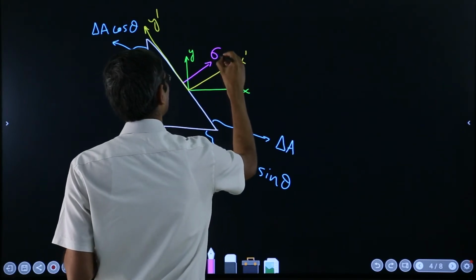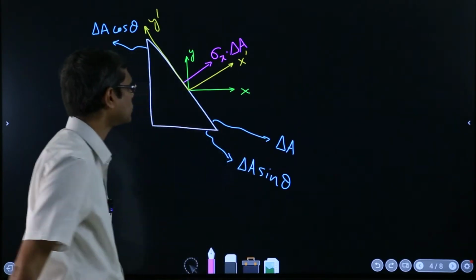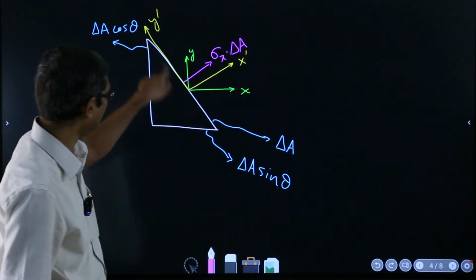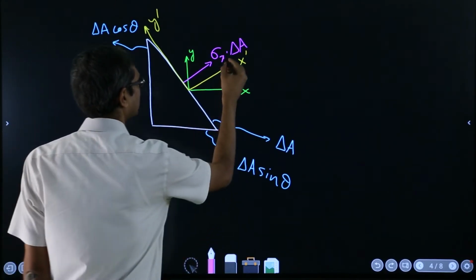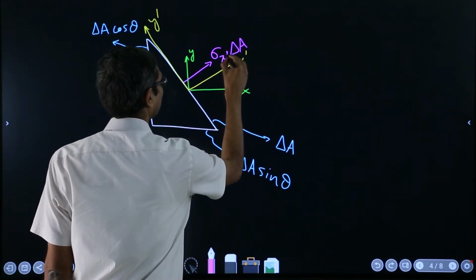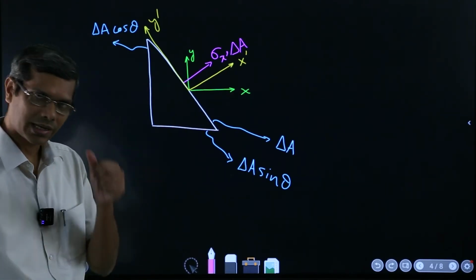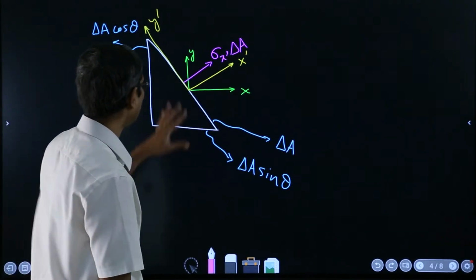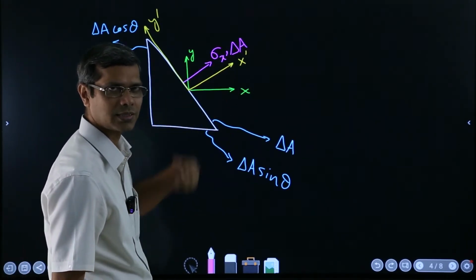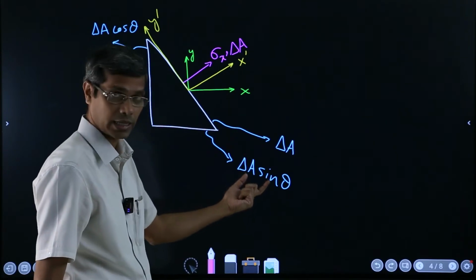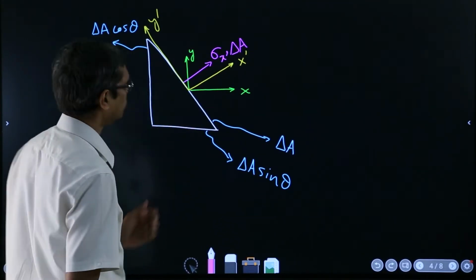Sigma x primed delta A is the force that acts, because if this area is delta A, the force which is acting in this direction, we will correlate them by using the force balance. So that is the basis. That is why we are writing everything now in terms of forces, not in stresses, and that is why we introduce the area element, so that once we multiply them with the stresses, we will get the forces.